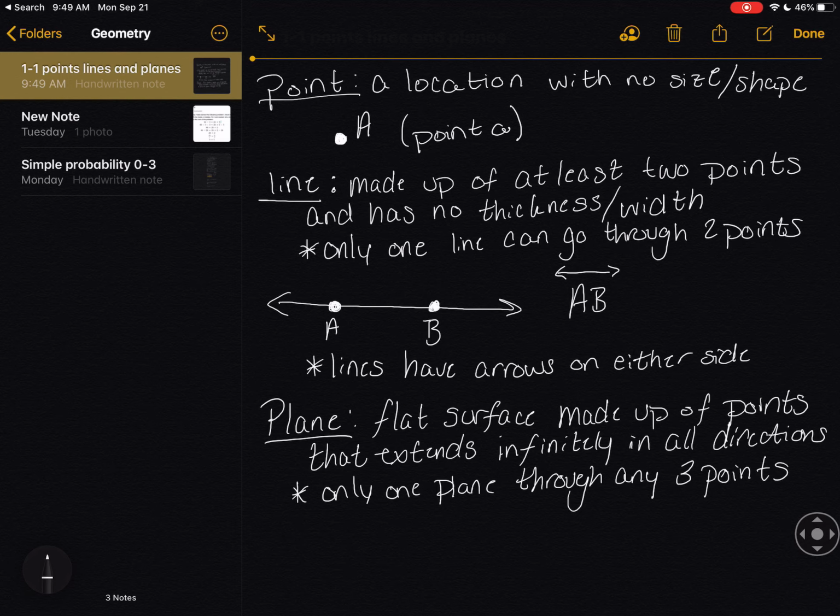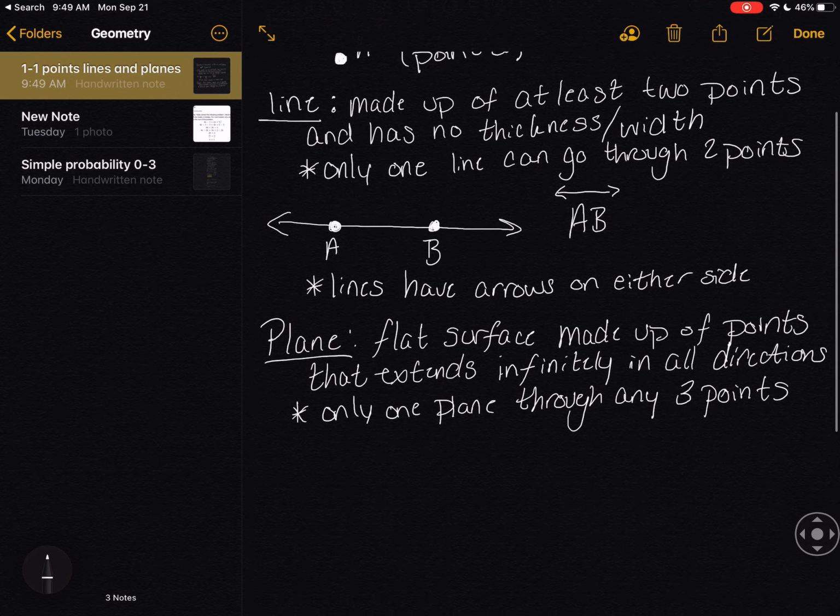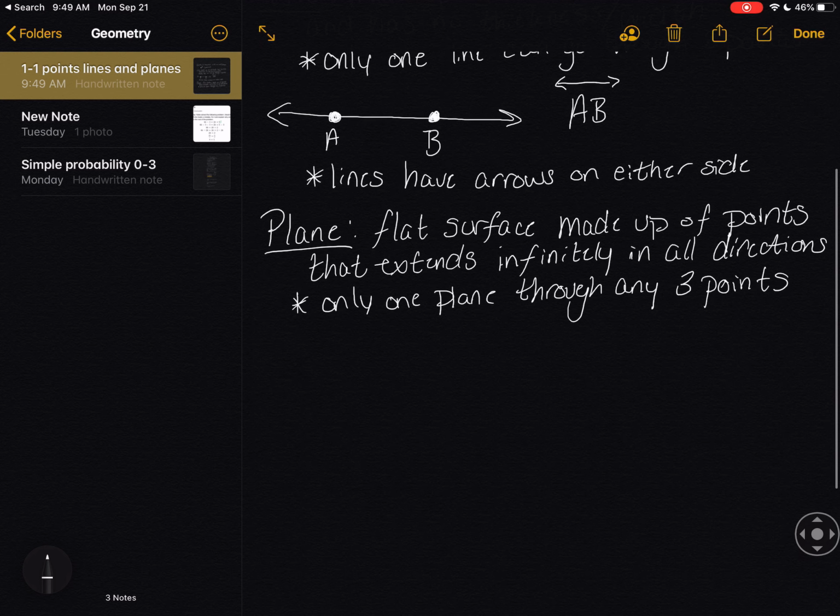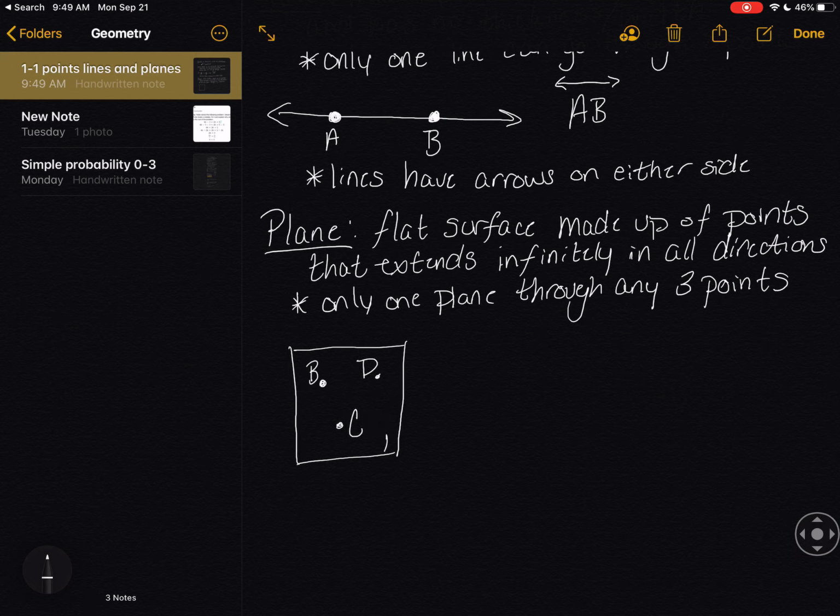So there's only one plane through any 3 points. So an example of this, I'm just going to use a rectangle. It could be any shape you really want it to be. I'm going to have points B, D, and C, and this is going to be considered plane K.